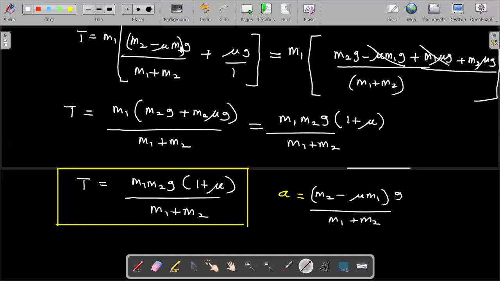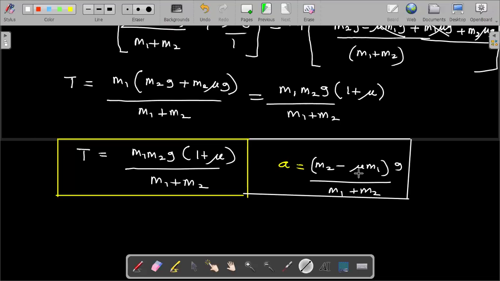So this is for the case of two objects connected, one sitting on the table while the other one is dangling freely, and there is some coefficient of friction experienced between the body. So in a case where there is no coefficient of friction, let's say the table is perfectly smooth, that's another special case that we can have here.